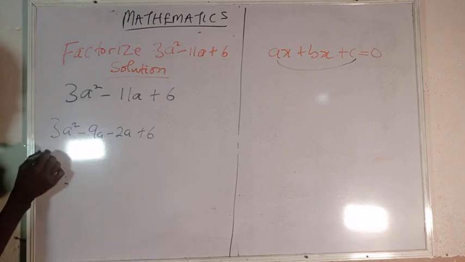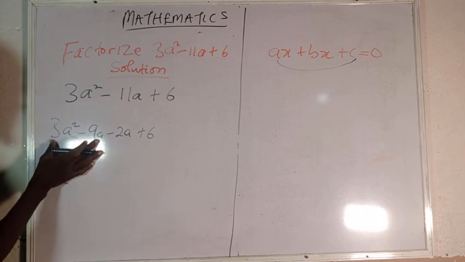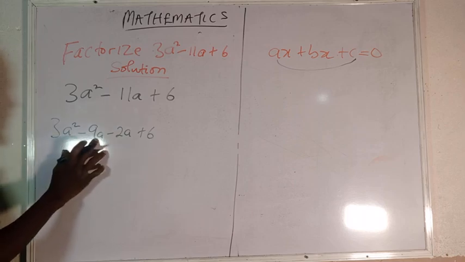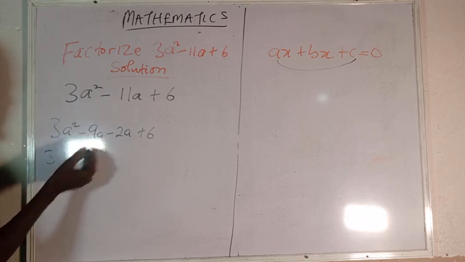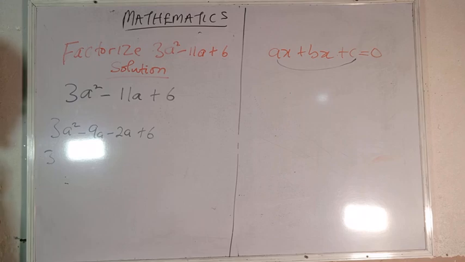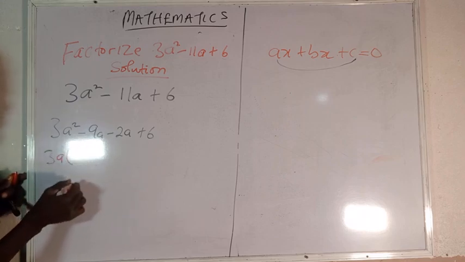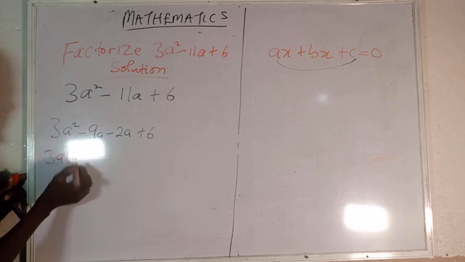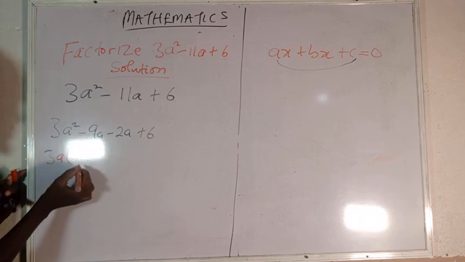In the next stage, let's factorize this side. The common factor here, we have 3 here, we have 3 here, and also we have a here, we have a here. Our factor will be 3a into, remaining only a here, because whenever you are factorizing, you can go back to the previous stage.